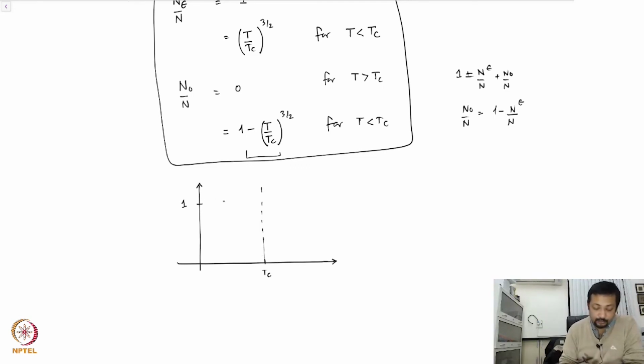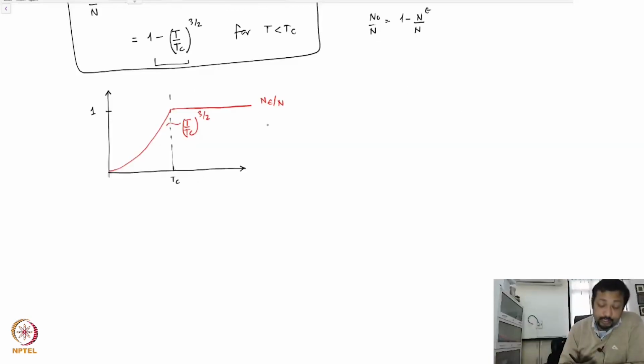Then this is going to be n epsilon over n, number of particles in the excited states for T less than Tc, and this goes as T over Tc raised to the power 3/2.